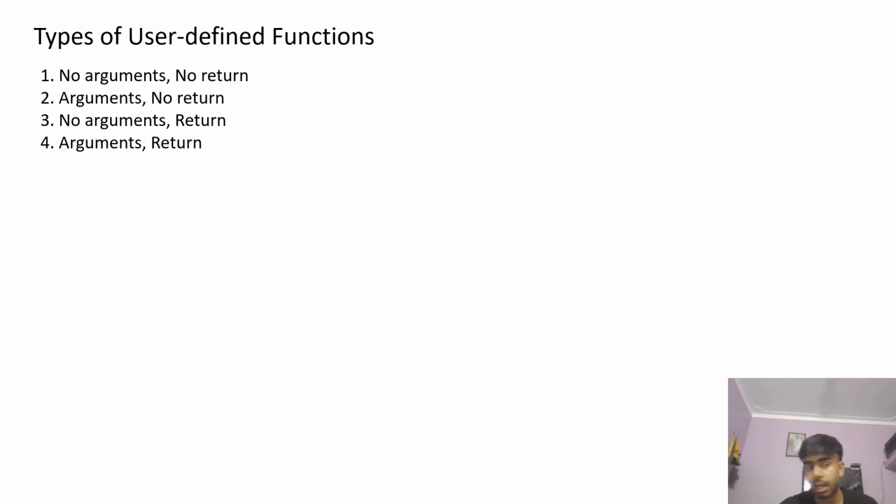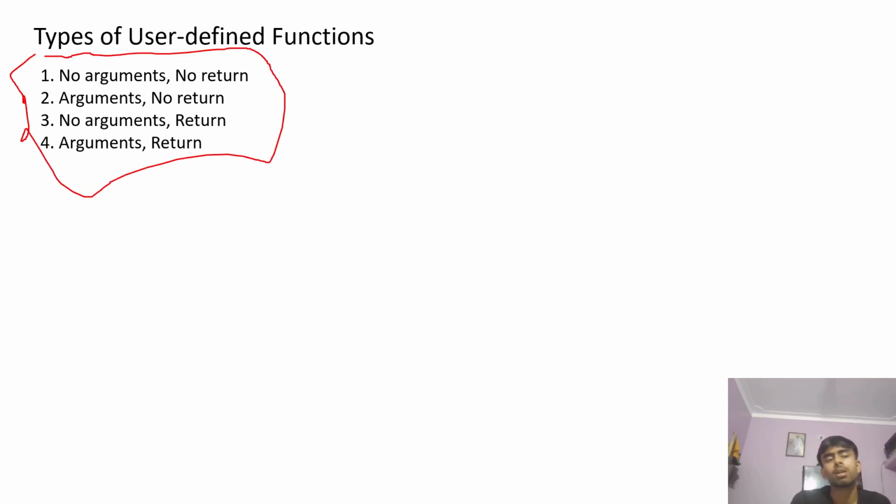And arguments and return. So these are your 4 types of user-defined function. You will meet all these types when we do question practice. At that time, I will explain what the use of all this is and how you can use it in question solving. Okay, now let's come to the next slide.